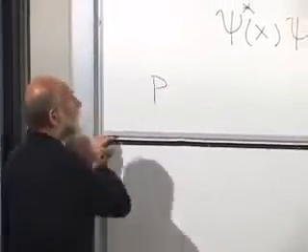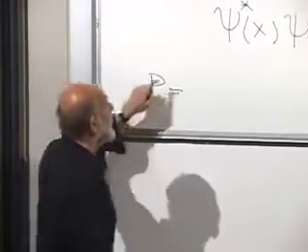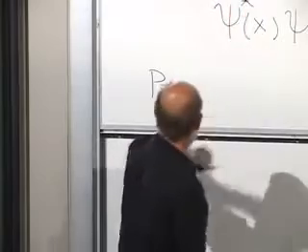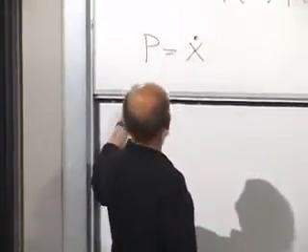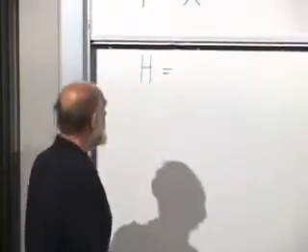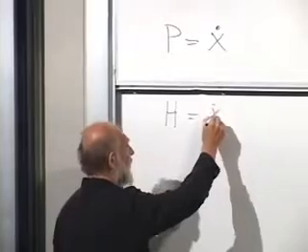That's just p, and canonical momentum is the partial derivative of L with respect to x dot. That's just x dot in this case, very simple. P is equal to x dot. Okay, the Hamiltonian is p x dot.